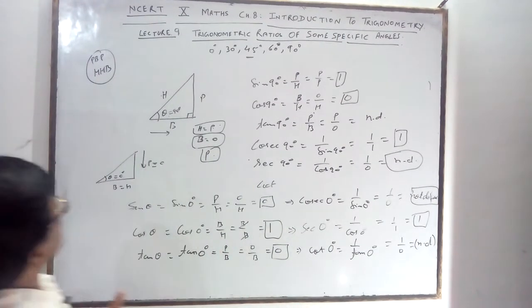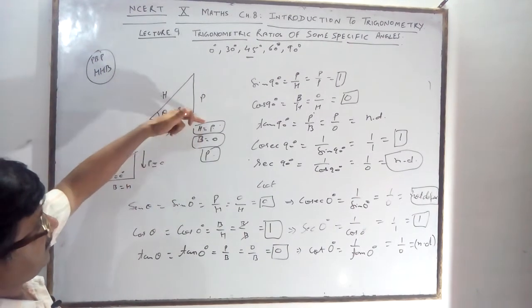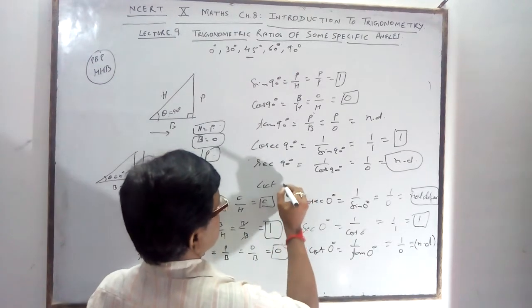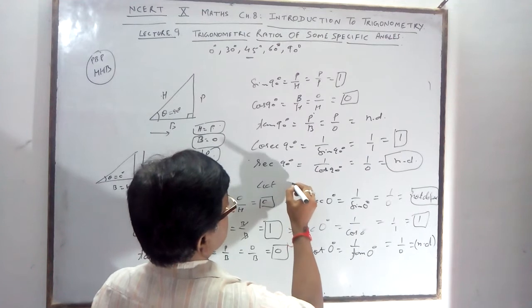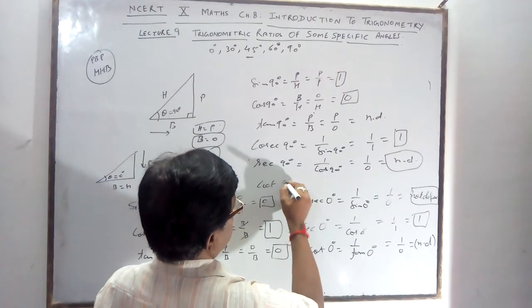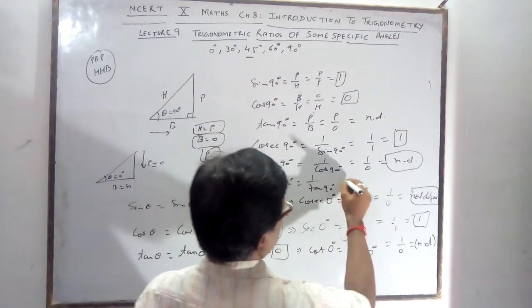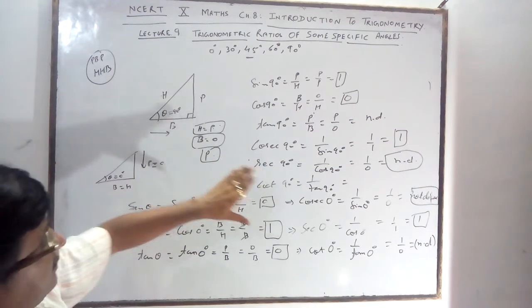Cot is equal to B by P. What is the B? 0 by P, then what will you get? 0. Cot 90 degrees is equal to 1 upon tan 90 degrees.